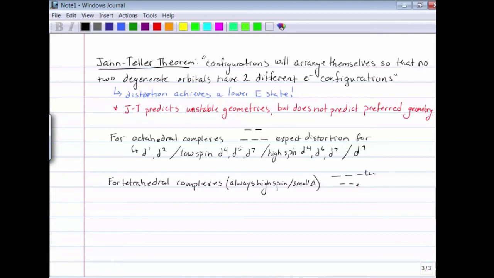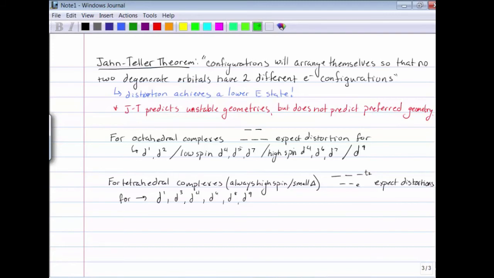So remember, no g or u subscripts. For these, you expect distortions for d1, but not d2. d2 would fill the 2 lowest energy orbitals, and they would be degenerate and have the same configuration. You would have a distortion for d3, d4, d6, d8, and d9.